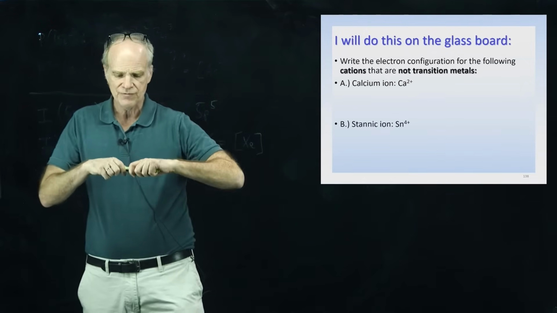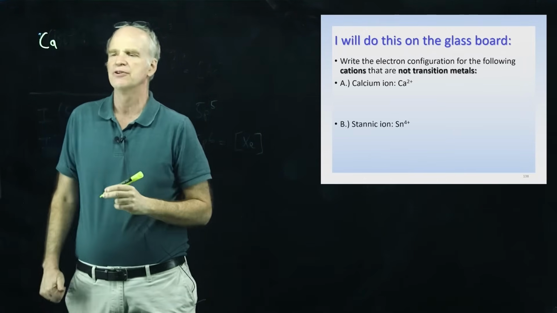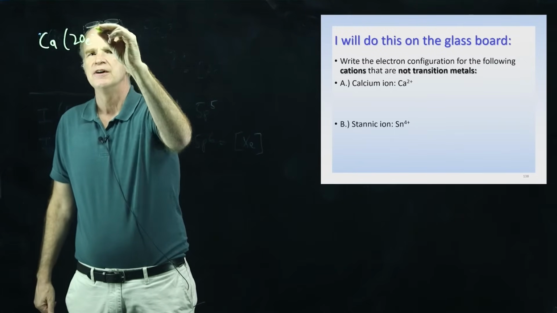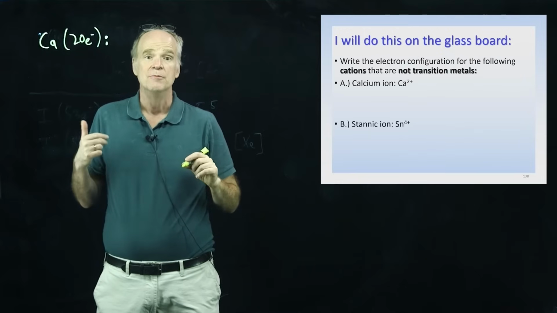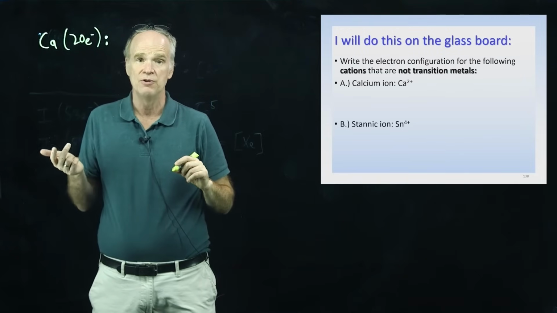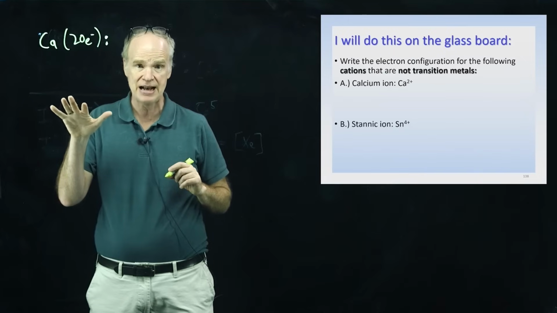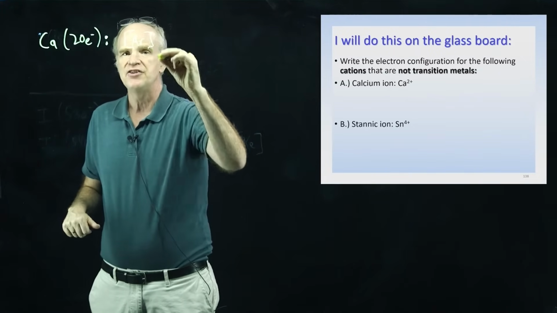Okay, so what is the electron configuration of calcium? Calcium has 20 electrons. I'm hoping maybe you'll do this on your own, but if you look carefully at a periodic table, what you'll see is that the noble gas that just precedes calcium is argon, and it has 18 electrons.